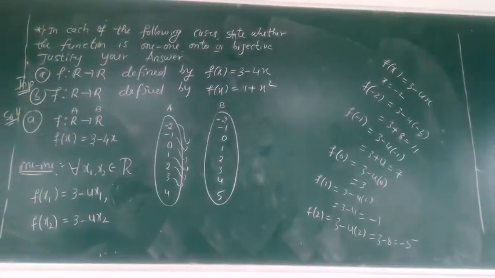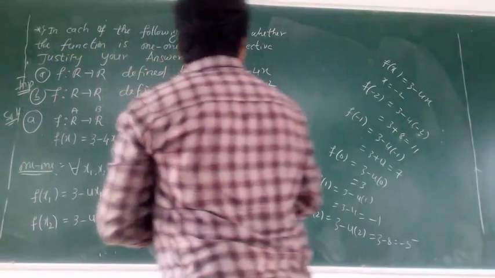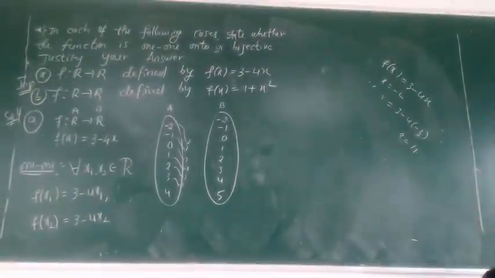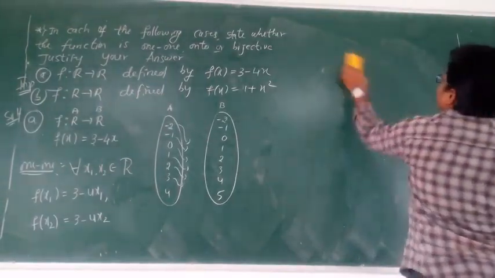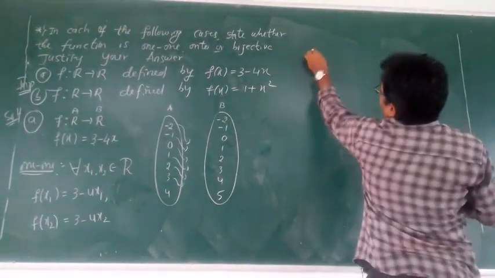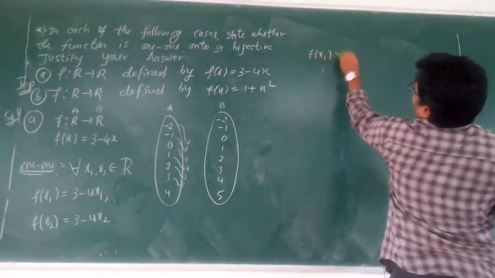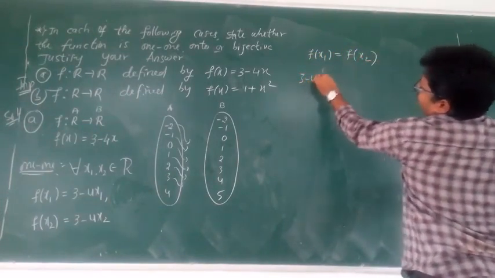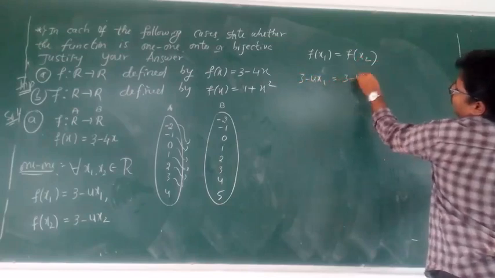ಏನ್ ಮಾಡ್ರಿ, ಈಕ್ವಲ್ ಮಾಡ್ರಿ. ಏನಾಗುತ್ತೆ ಹಾಗಾದ್ರೆ, f of x1 is equal to f of x2. So 3 minus 4x1 is equal to 3 minus 4x2.